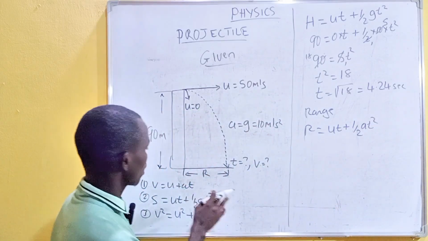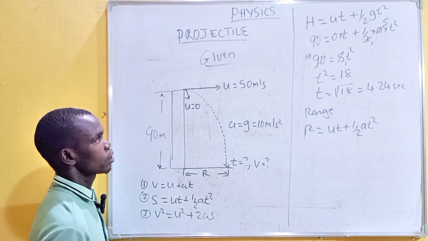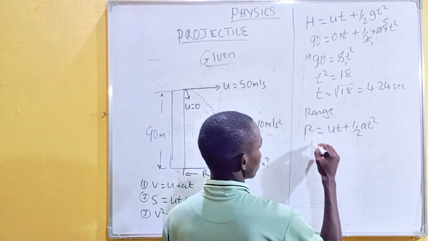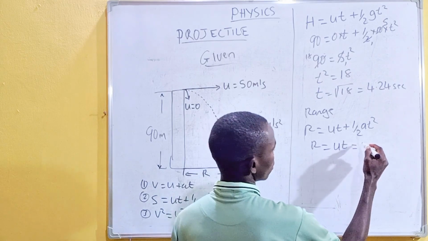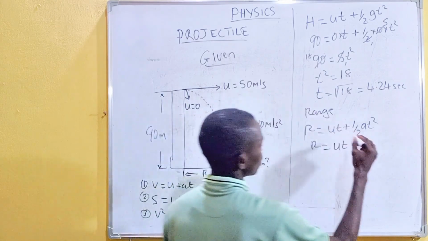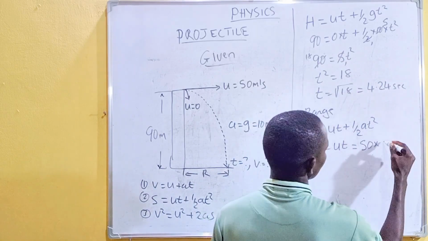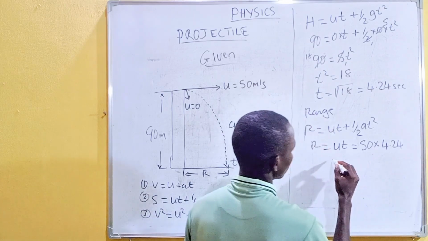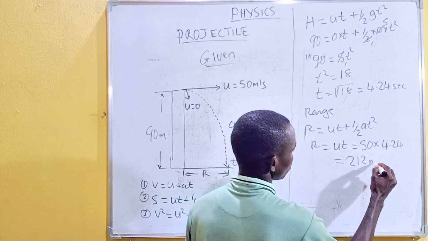For the horizontal motion, acceleration is equal to 0, since the horizontal velocity is constant. So, range is now equal to ut, which is the horizontal velocity 50 times the time, which is 4.24. So our range will now be 212 meters.